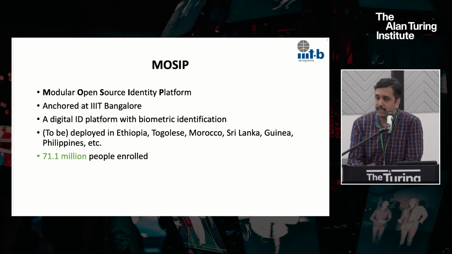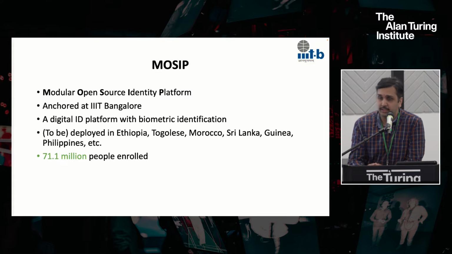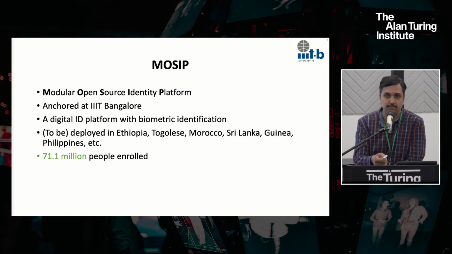It's a digital ID platform, and as the name suggests, it's open source, and it also has biometric identification. It has been deployed by many countries across Asia and Africa, and many other countries have expressed interest. Currently, about 70 million people have enrolled into this MOSIP-based digital ID system.